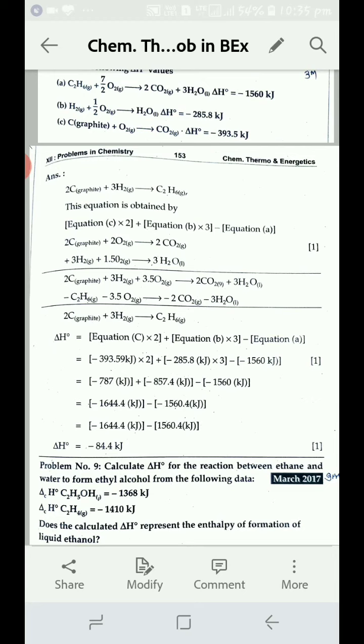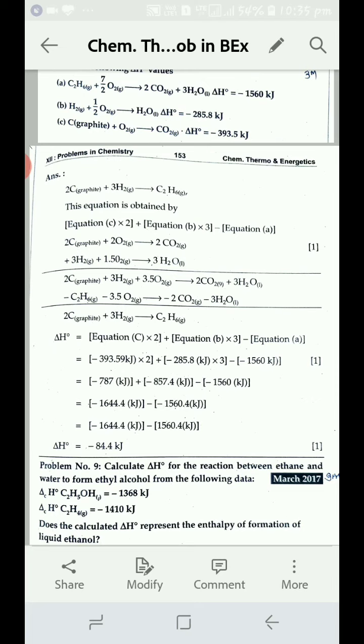Calculate the delta H0 for the reaction between ethene and water to form ethyl alcohol from the following data. So delta H of combustion means standard enthalpy of combustion of C2H5OH, that is ethyl alcohol, and C2H4, that is ethene. These values are given.